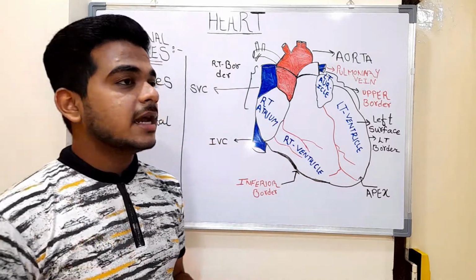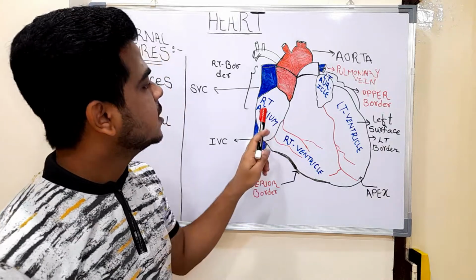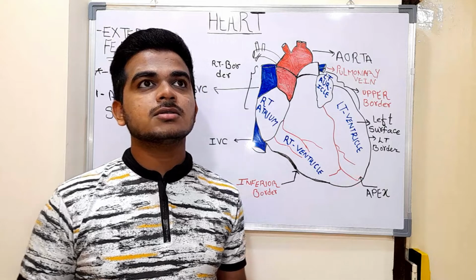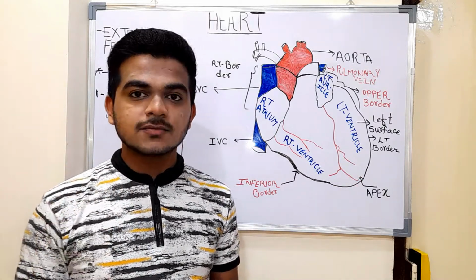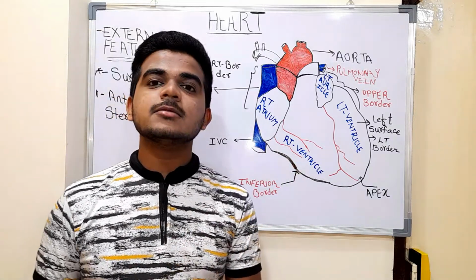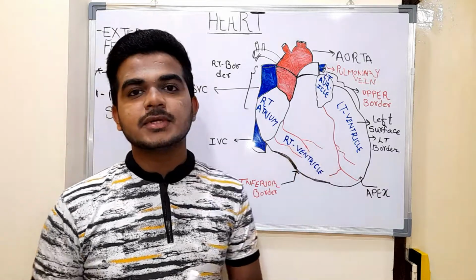So the anterior surface is mostly formed by the right atrium and right ventricle. You can also say that 90% of the anterior surface is formed by the right atrium and right ventricle, and just a little bit, 2%, is formed by the left auricle and left ventricle.